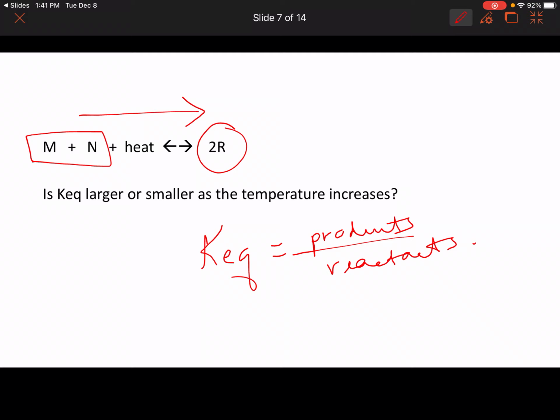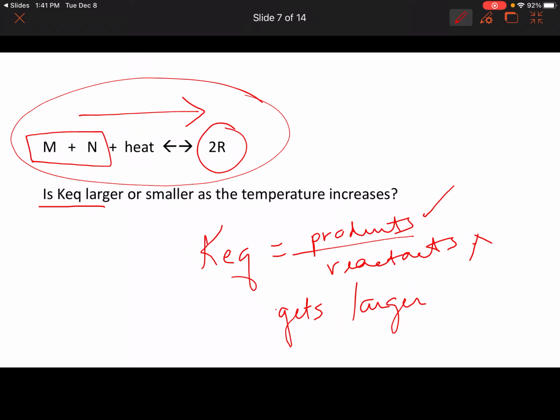So what's going to happen to KQ? It gets larger. Yep, because the products are going to increase while the reactants decrease here. These are the kinds of questions you're going to have to answer. You have to know quite a few things to be able to answer that question, right? It's theoretical, but you have to really understand what's going on in the system at equilibrium to answer it.